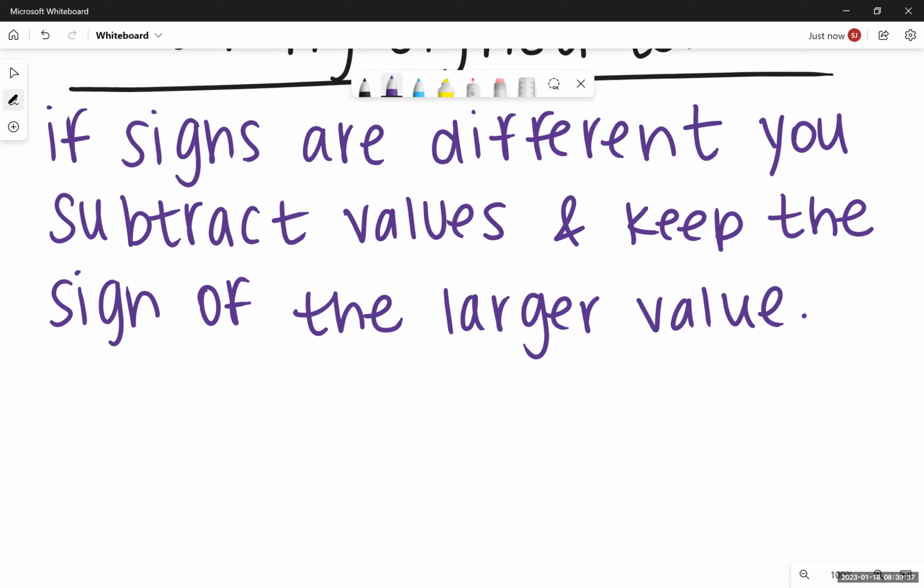Now, I know I talk a lot because it's kind of my job. I also know I could be very annoying, but this is something I would always say. Signs are different. Subtract, keep the sign of the larger, right? That's something that I will say literally for the rest of the semester because we will see it all the time.